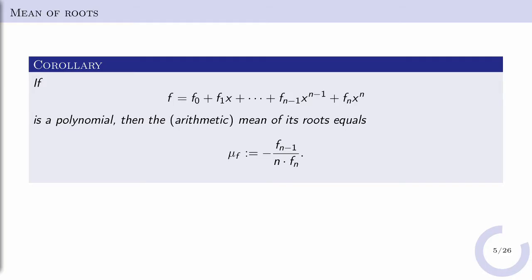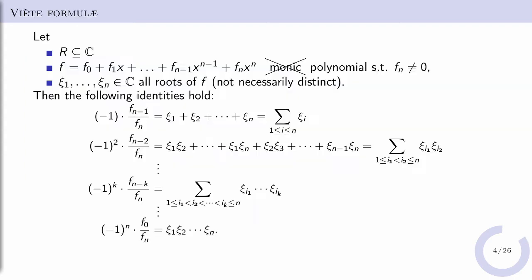We have one immediate consequence of Vieta's formula, namely this formula lets us compute the arithmetic mean of the roots of the polynomial without knowing the actual roots. How can we get it? Let's look at Vieta's formula here.